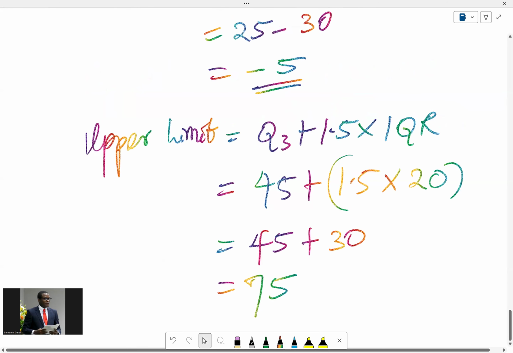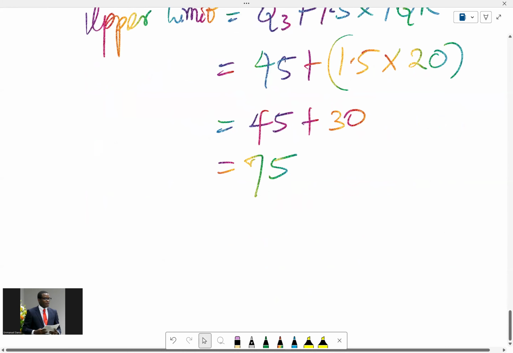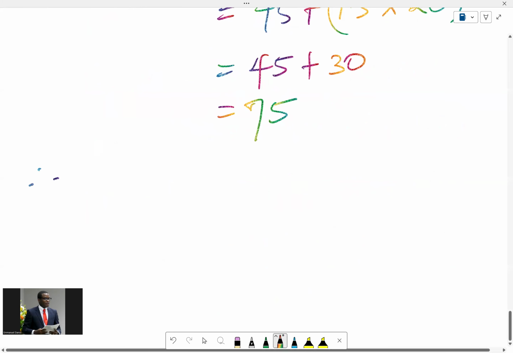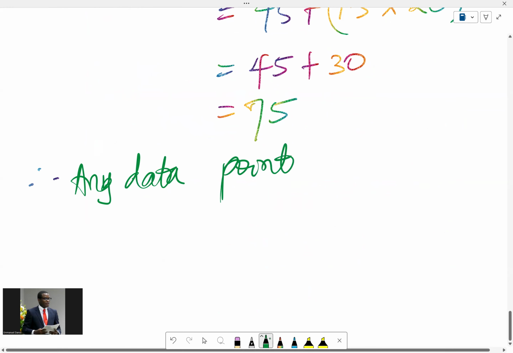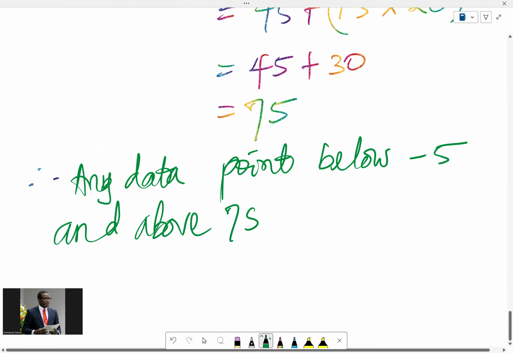Okay. So what that simply means is that, therefore, any data point below -5 and above 75 is considered an outlier.